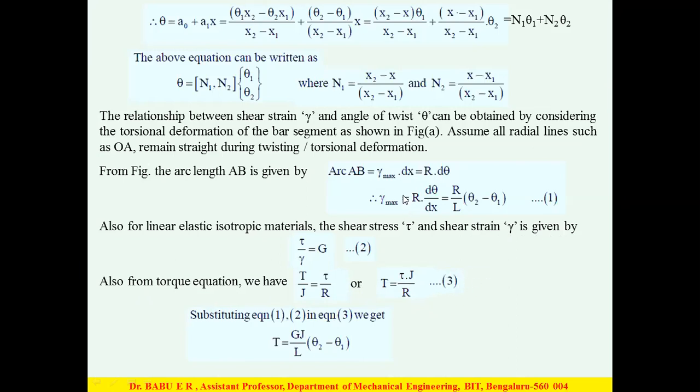Now you substitute the value of nu max and the value of tau, that is equations 1 and 2, into equation 3 and simplify. So we'll get T equals GJ by L into theta 2 minus theta 1.